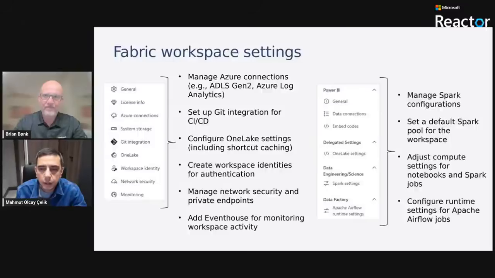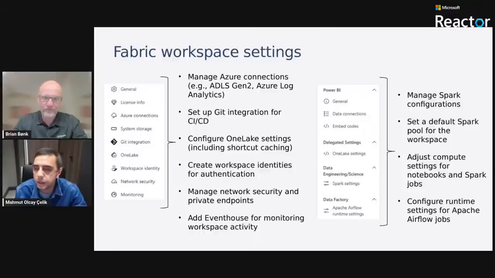So it's going to be a special one because Fabric workspace settings are a little bit huge. First of all, you have to be a workspace administrator to access the workspace settings. If you are not a workspace administrator, you cannot see the whole list.